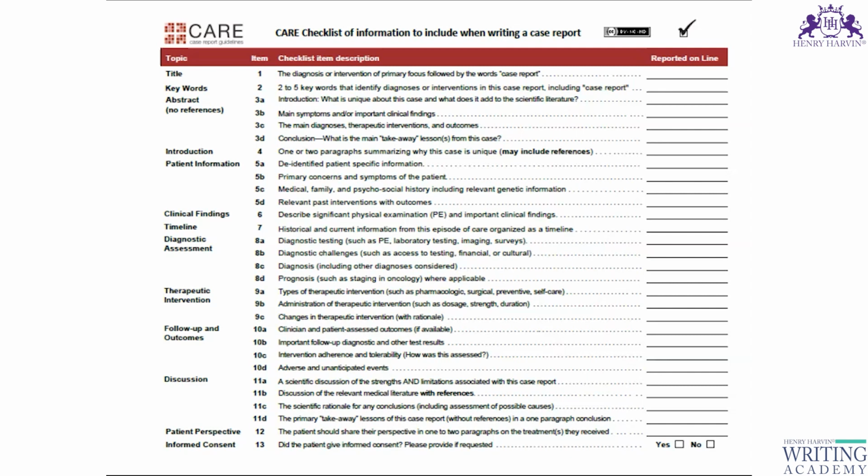If 2 tablets are left, that indicates non-adherence to the treatment, because the patient has skipped 2 doses. Okay, so like this you can assess the intervention adherence and tolerability.